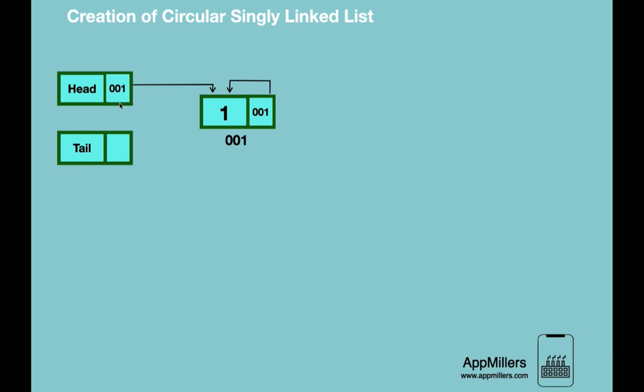So we are updating the head's reference to 001, and this creates a link between head and this node. Then we are updating the tail reference to 001, which will create a link between tail and this node. With this, we are creating a circular single linked list which has only one node.